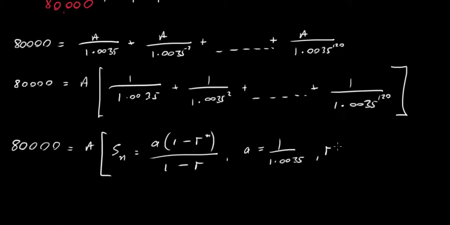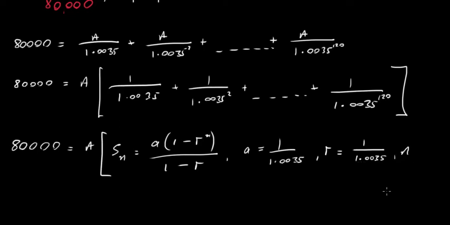What do I multiply each term by to get the next term? Well, I'm multiplying the top by 1, and I'm multiplying the bottom by 1.0035. Look, this is 1.0035, this is 1.0035 squared, the next one would be 1.0035 cubed. So what I'm doing with the denominator is multiplying by 1.0035 each time. So that's my r.